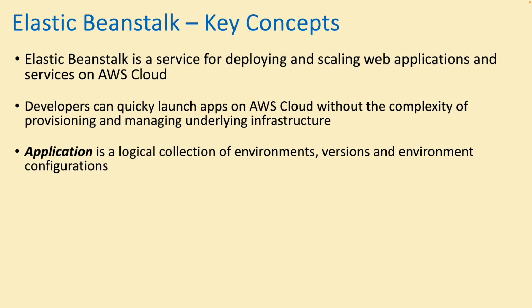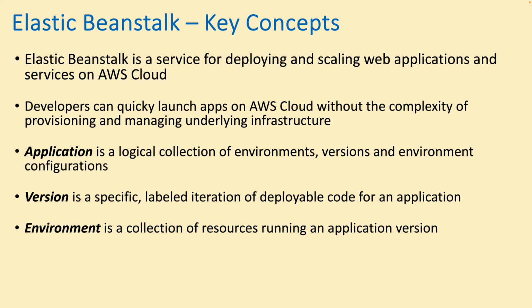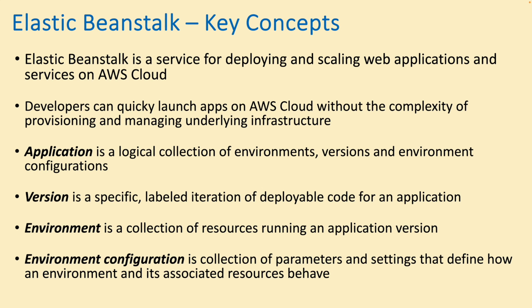An application is a logical collection of environments, versions, and environment configurations. Version is a specific labeled iteration of deployable code for an application. Environment is a collection of resources running an application version. Environment configuration is the collection of parameters and settings that define how an environment and its associated resources behave.